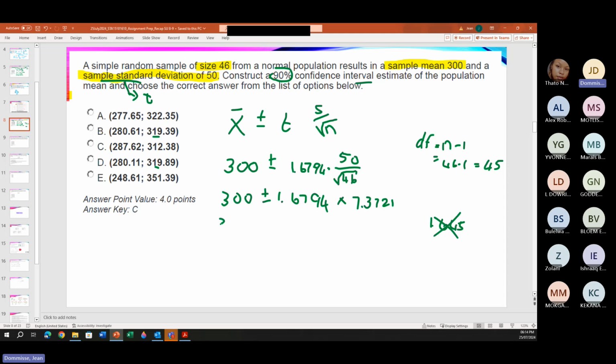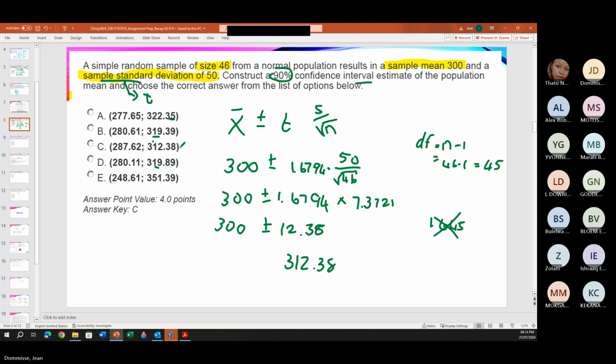So I get that it's going to be 300 plus minus 12.38. Let's round it off to two decimals, as in the options. So 300 plus that is 312.38. So let's look at answers.